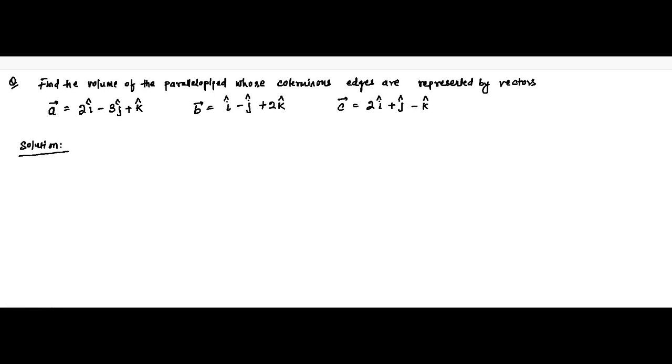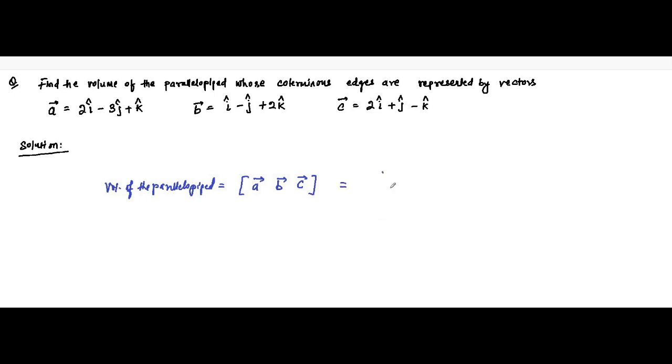So again, the volume of the parallelepiped is equal to the scalar triple product of the three coterminous vectors, which are the edges.